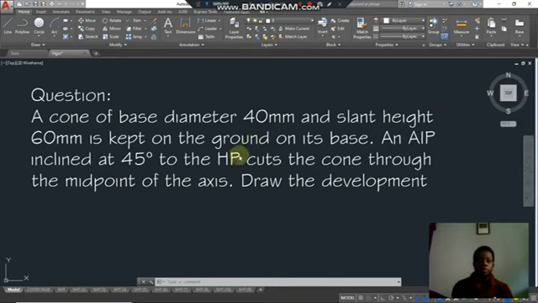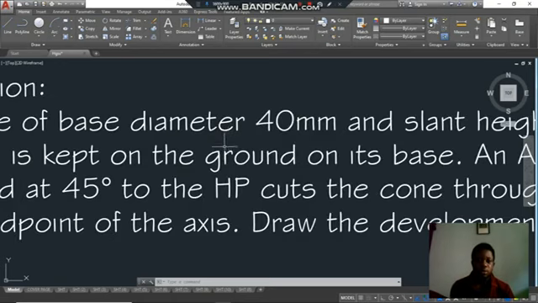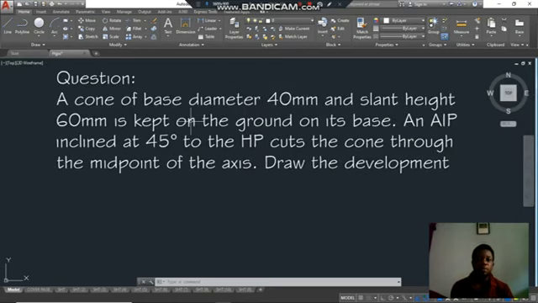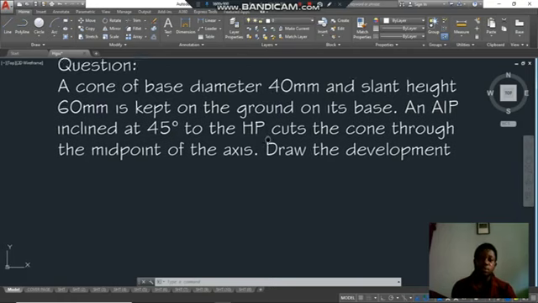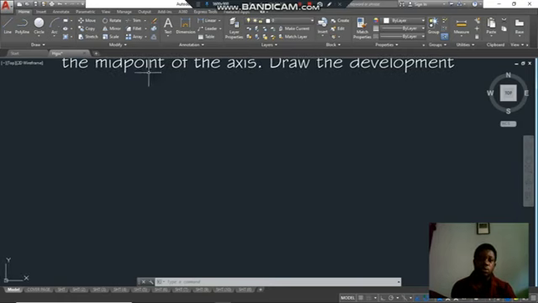Now, dealing with this question, we have the base of the cone. Sorry, the base of the cylinder. Sorry, the base of the cone. We have the base of the cone as 40 mm. So we draw a line of 40 mm.